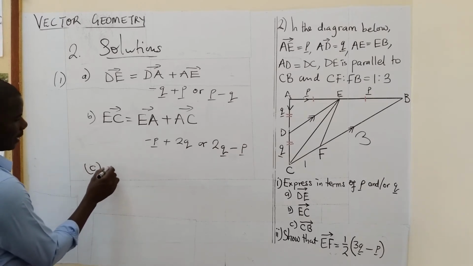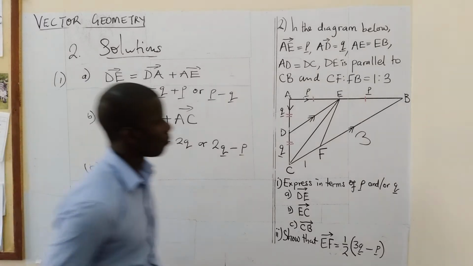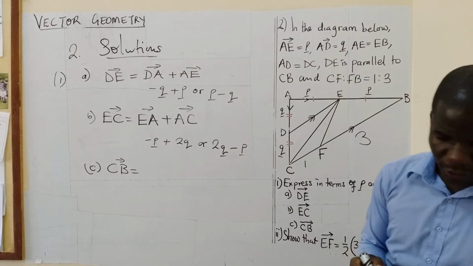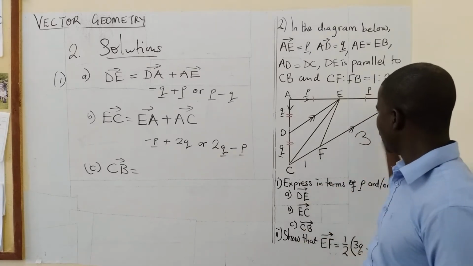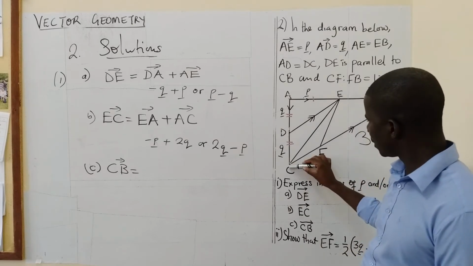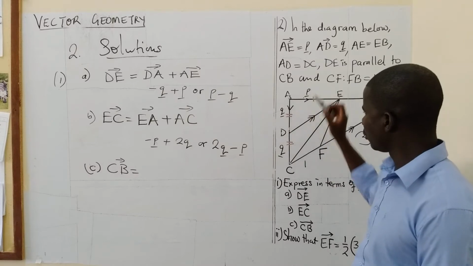We go to the second last, which is C. What are we having here? CB. How do we move from C up to B? We need to use these rules that have magnitudes.